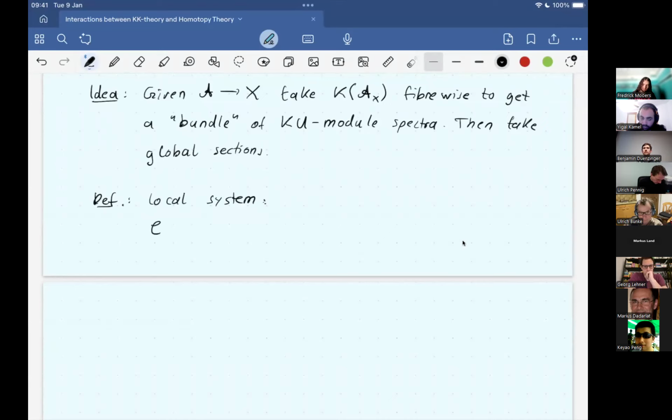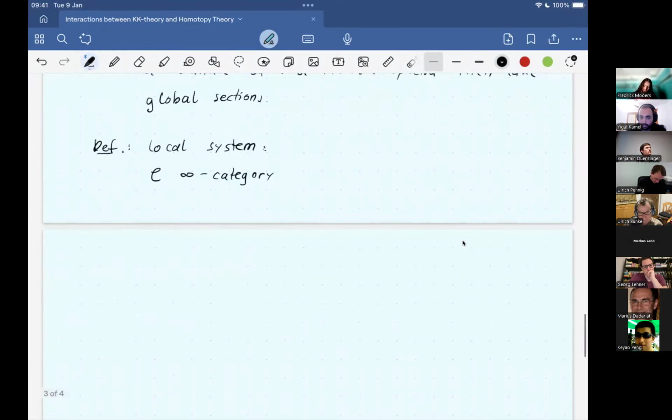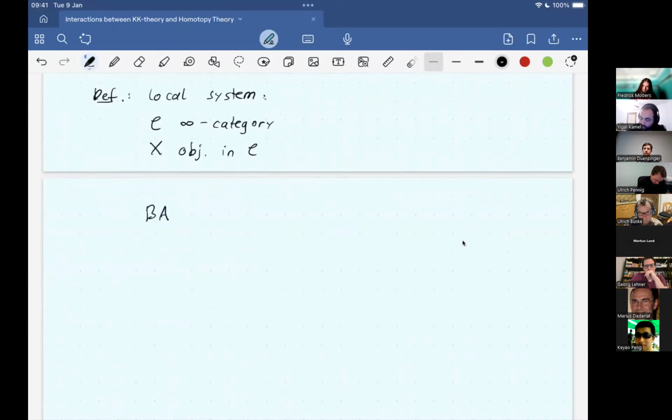Let's say I have an infinity category C, and X is an object in C. Then I can look at BAut_C(X), which is the full subcategory of the groupoid core of C on objects that are equivalent to X.